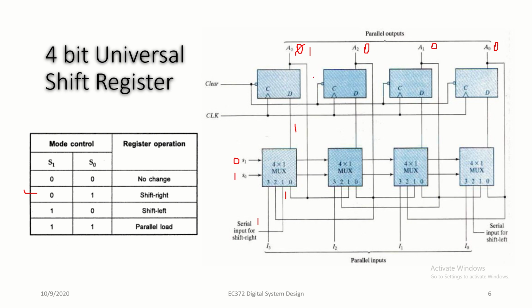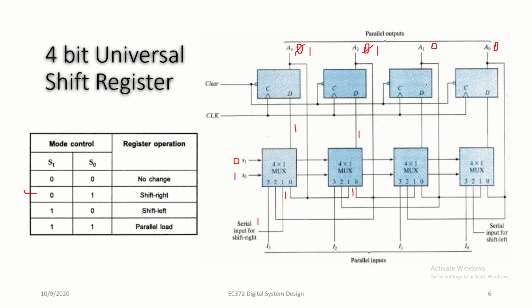Now when the next clock comes, what would happen? This 1 would transfer. Just see the connection, it is connected to the 1 input of the next mux, so here it would shift. The output of this is shifted to the next stage. So at the second clock, the output of the register would be 1 1 0 0.